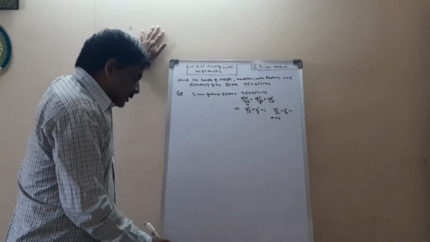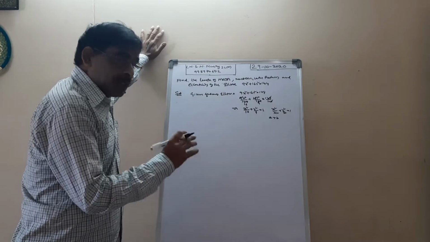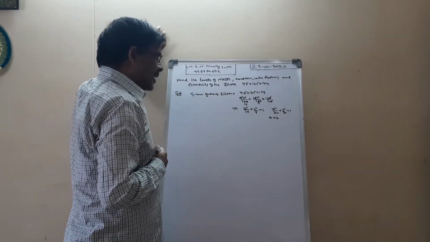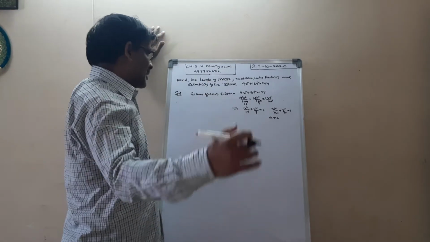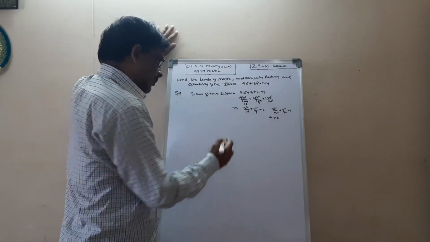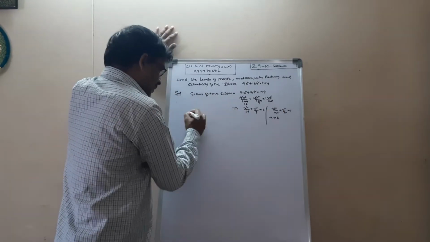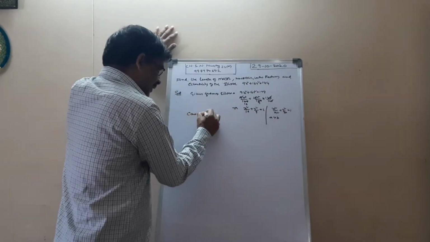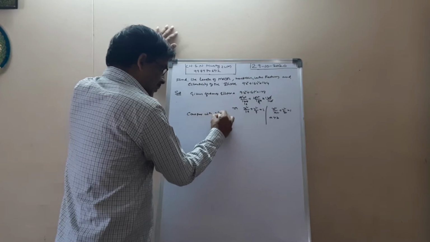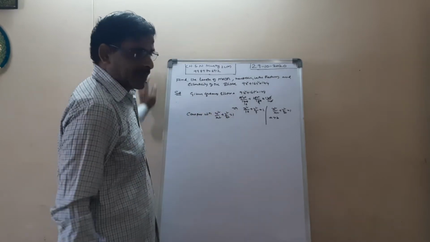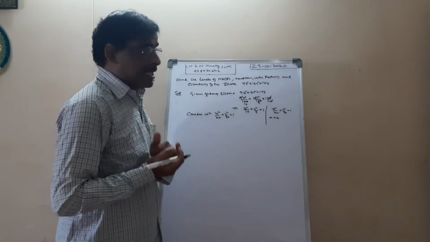For this type of ellipse, we have to find the length of the major axis, minor axis, latus rectum and eccentricity. Now compare with x square by a square plus y square by b square equal to 1, the standard form of the ellipse.